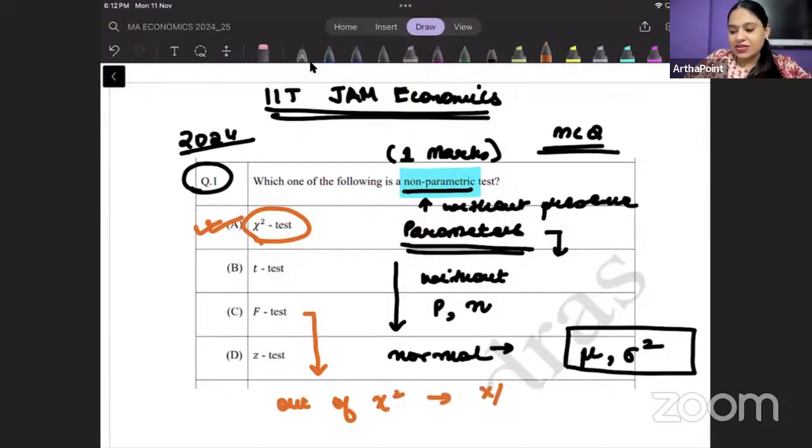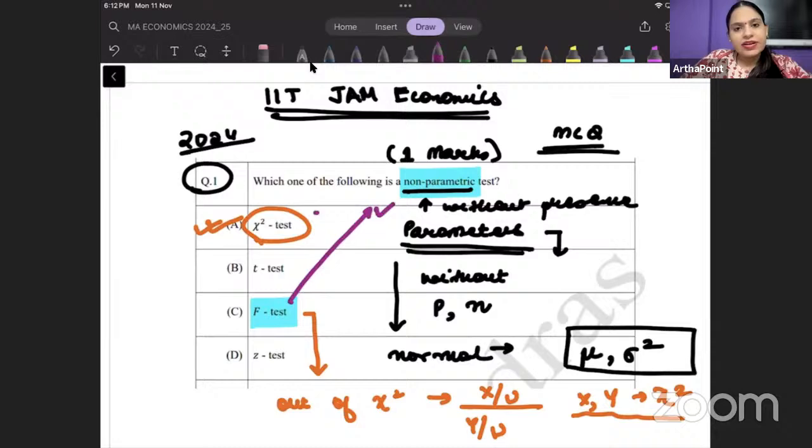We had X divided by its degrees of freedom, Y divided by its degrees of freedom, where X and Y were chi-square distributed. तो ऐसा क्यों है कि F test is a parametric test, but chi-square is not a parametric test? Anyone?